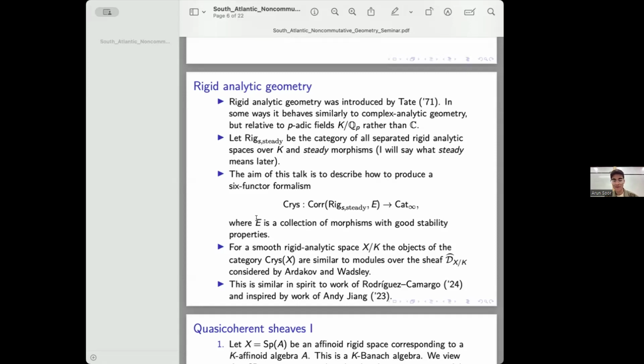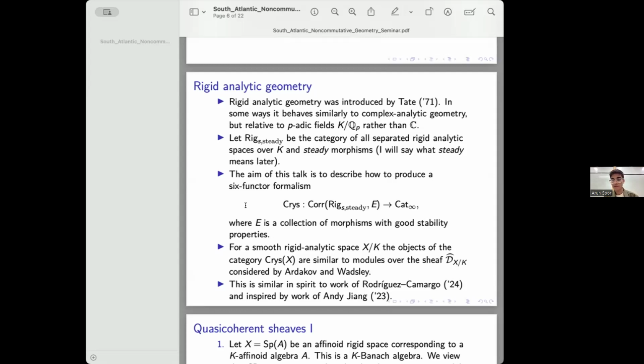This special class of morphisms we're going to construct so it has good stability properties. The value of this six-functor formalism on a rigid variety is going to be similar to modules over the sheaf D-cap of infinite order differential operators, which was introduced by Ardakov and Wadsley.